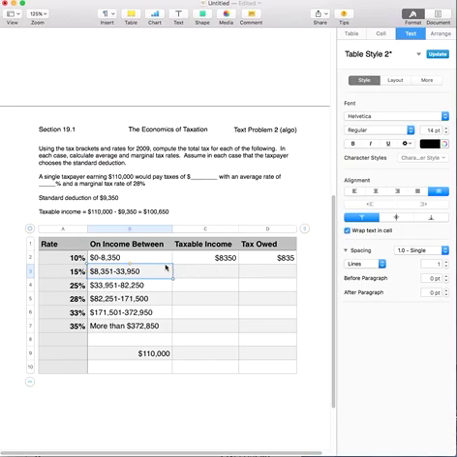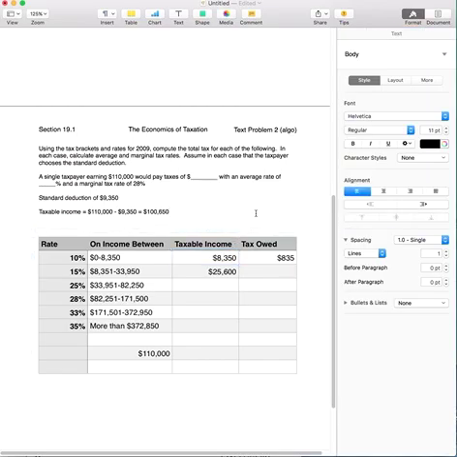So what I do is I take off that $8,350 off of the $33,950. So if I subtract $8,350 from $33,950, I end up getting $25,600. Again, if you want to check to make sure that's right, just add these two numbers together.